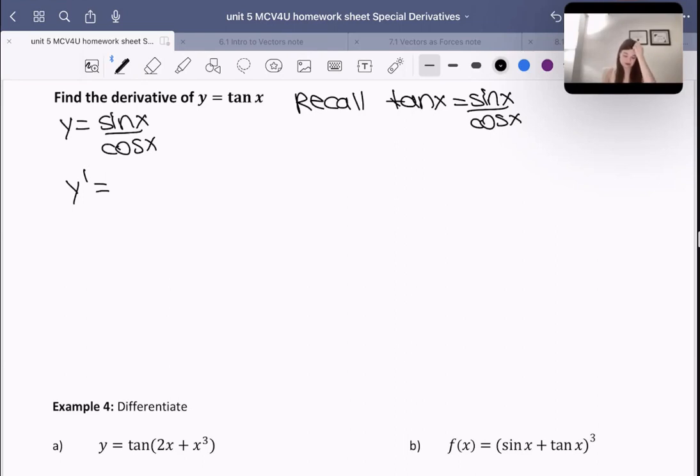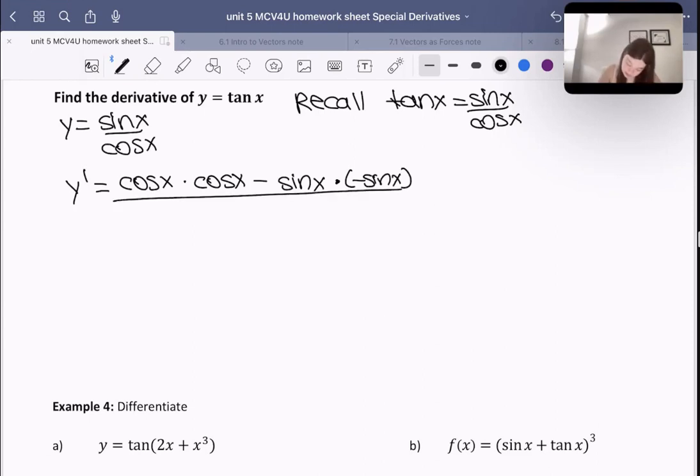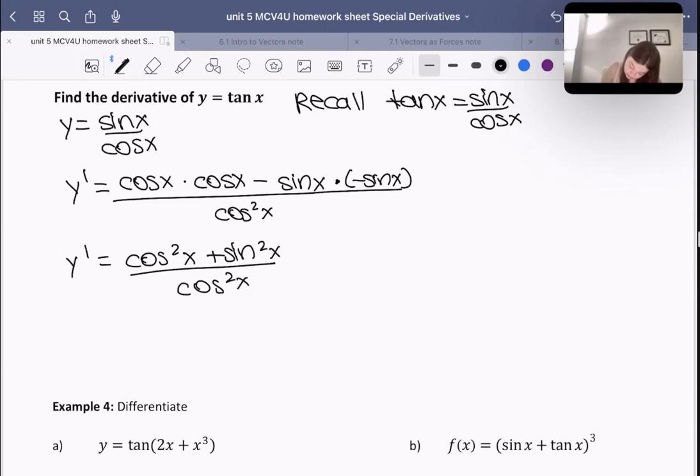So derivative of the top, which is sine x, would give us cos x times cos x, minus the top one, sine x, multiplied by negative sine x, the derivative of the bottom there, over cosine squared x, the bottom squared. So that's equal to cosine squared x plus sine squared x over cosine squared x.